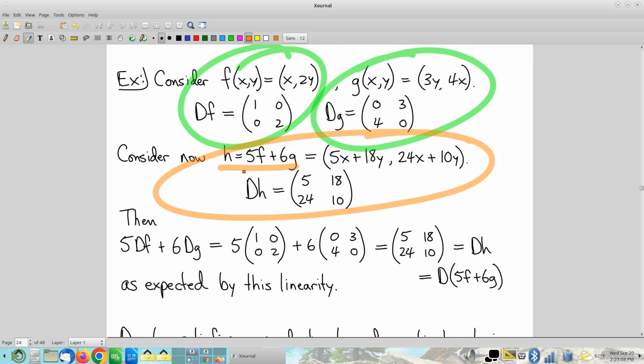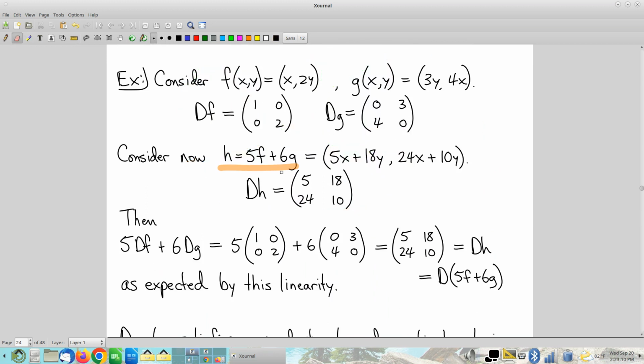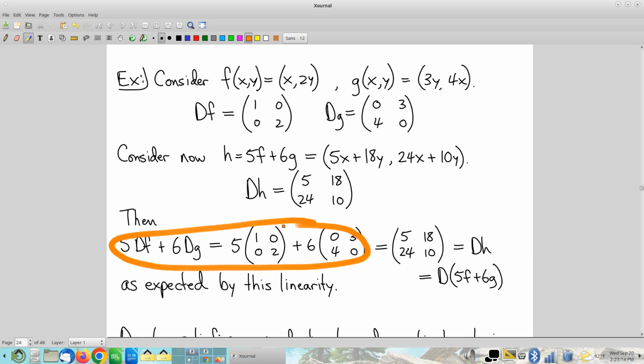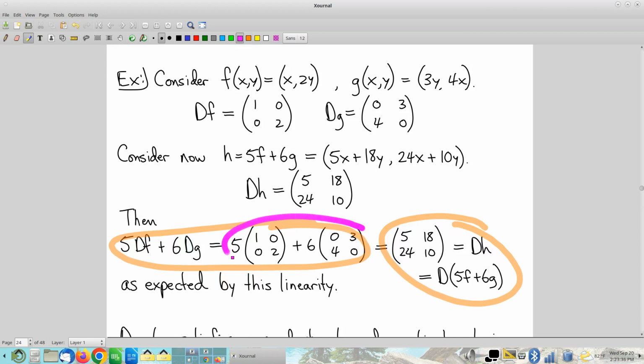So we have an f and a g, and there's their linear combination. On the one hand, I can take the same linear combination of the individual derivative matrices, or I can look at the derivative matrix of the linear combination, which I'd already done. And notice, it's very easy to confirm this arithmetic.